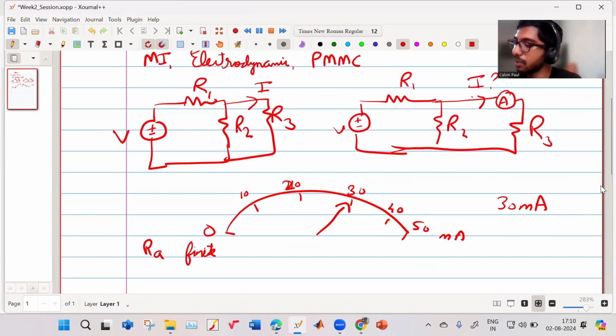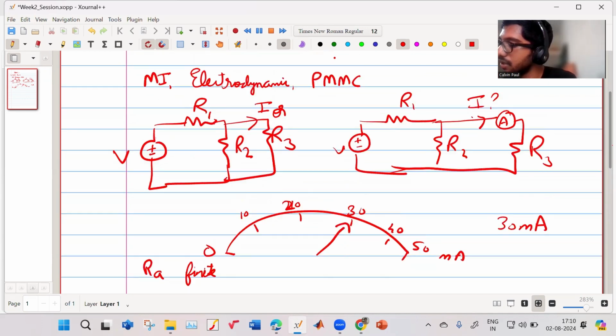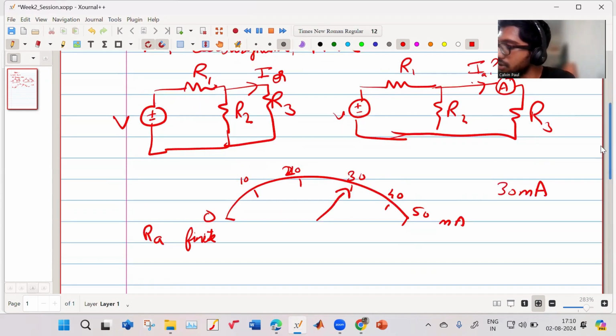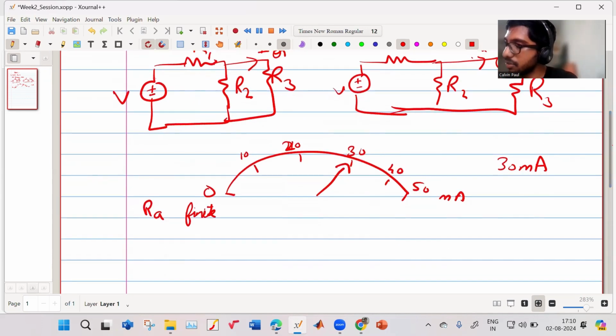And when it is finite, what will happen? Suppose this current is I original, and this is I ammeter. Because the resistance of the ammeter is finite, it might occur that I original is not equal to the current which is seen by the ammeter. So there is this problem with the ammeter that it might change what it is supposed to measure.